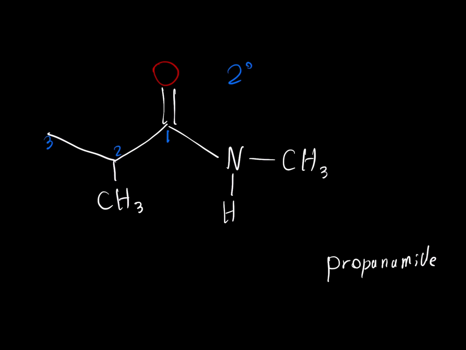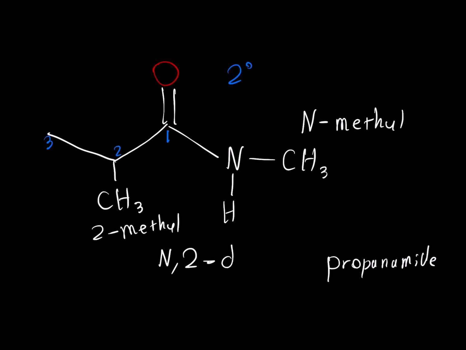And then in terms of our substituents, we have a CH3 on the nitrogen. And so this would be called N-methyl. And then we have a CH3 on the second carbon, which would be 2-methyl. So to put it together, you would put the letter first before the number: N,2-dimethylpropanamide.